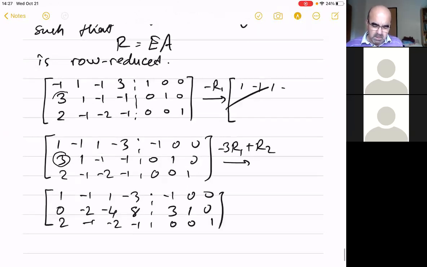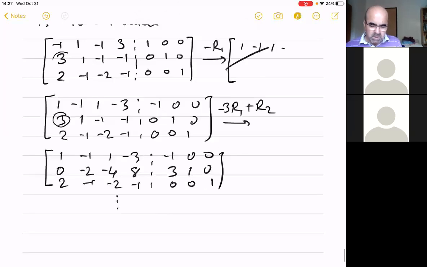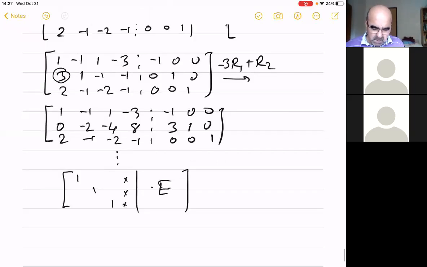So at the end, when you turn this matrix into the row reduced form, it will be something like this, and then you will have some entries, and here you have some matrix. Yes, it will be in this form.